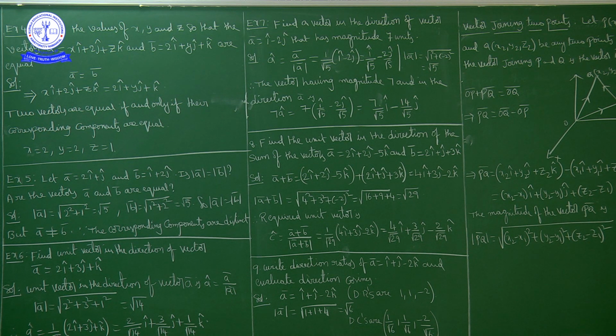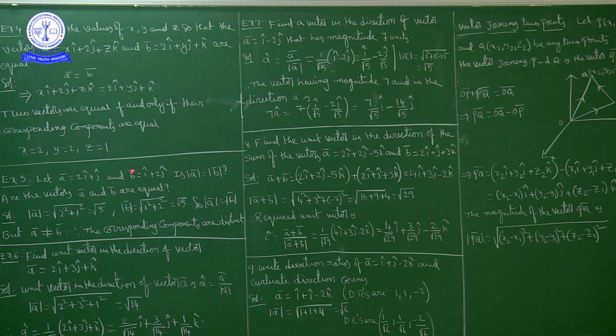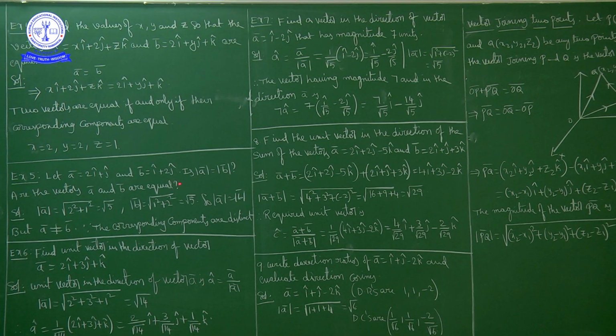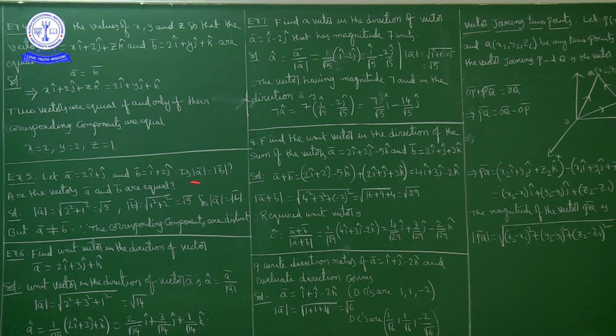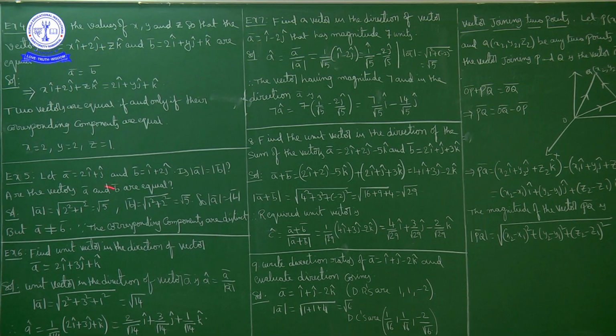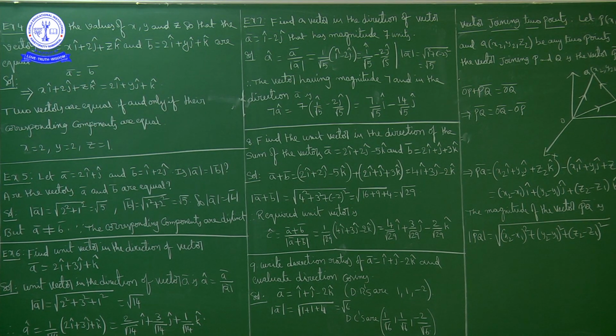Next, example 5. Let a bar be equal to 2i cap plus j cap and b bar equal to i cap plus 2j cap. Is the magnitude of a bar equal to the magnitude of b bar? That is the first question. Next, are the vectors a bar and b bar equal vectors?